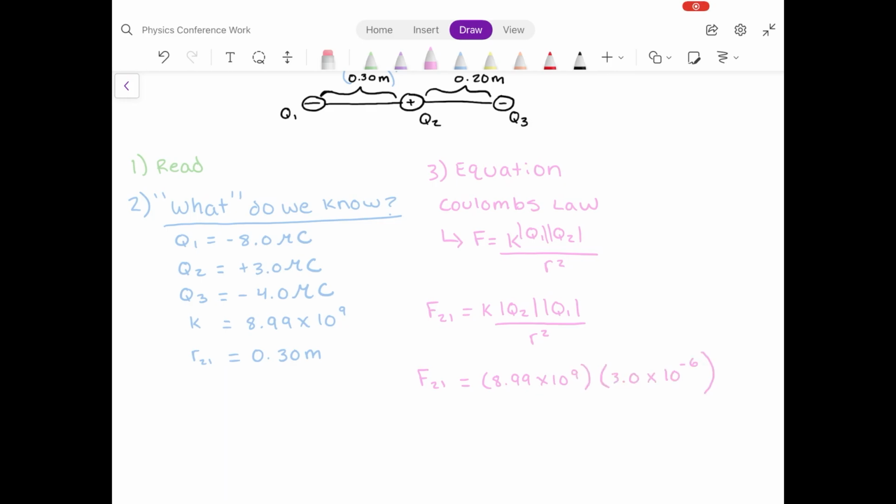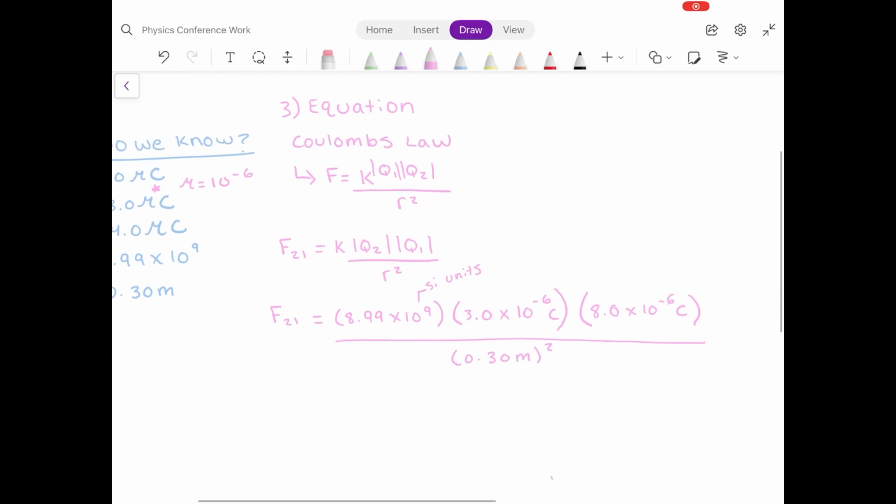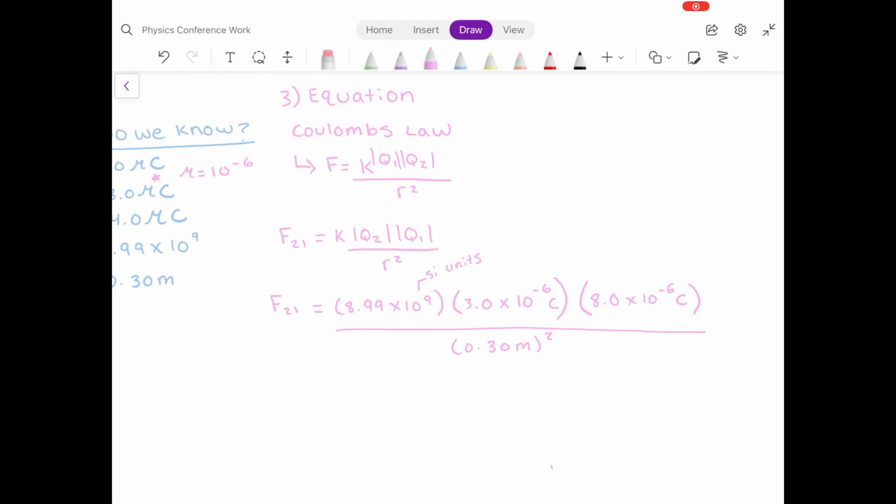It is also important to note that a micro is equal to 10 to the negative 6. So now that we have the full equation written out, we can plug these numbers into our calculator to find the value. I'm also adding this black negative in front of the 8.0 times 10 to the negative 6 coulombs, as this can be used later in the problem to identify the direction.